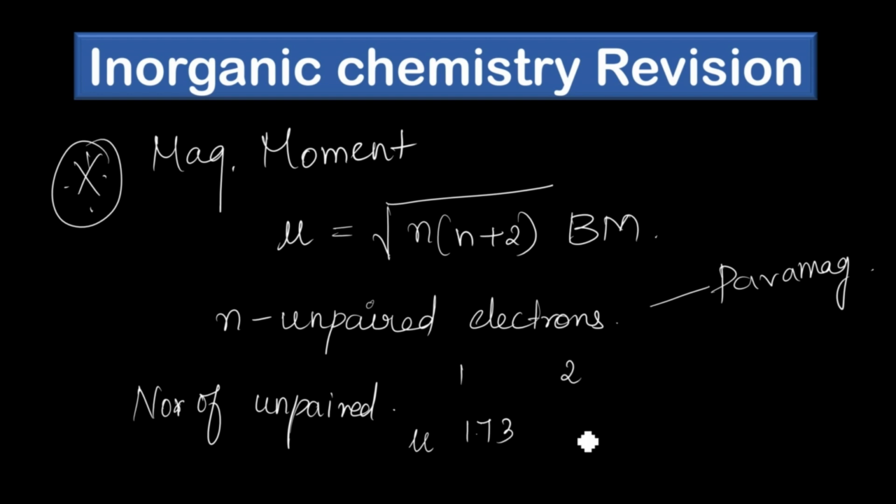If the number of unpaired electrons is 2, then the mu value is 2.83. Sometimes the question can be asked: these many unpaired electrons are there, what is the magnetic moment, or what is the hybridization? Those types of questions you can expect. If it is 4, it is 4.90, and for 5 it is 5.92. These are the important parts about magnetic moment.